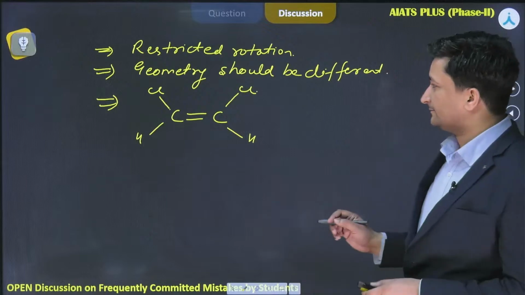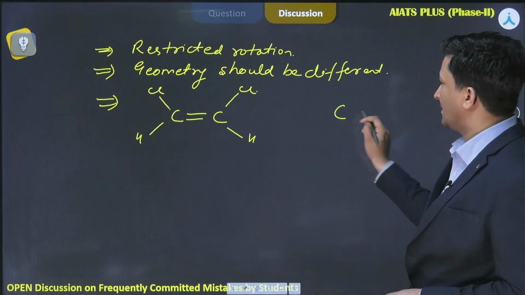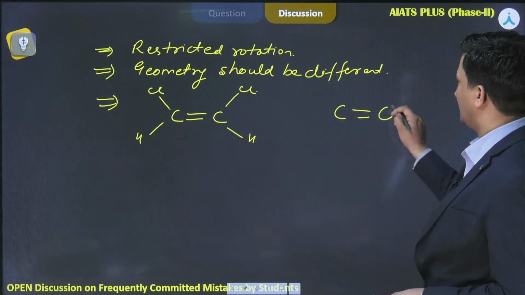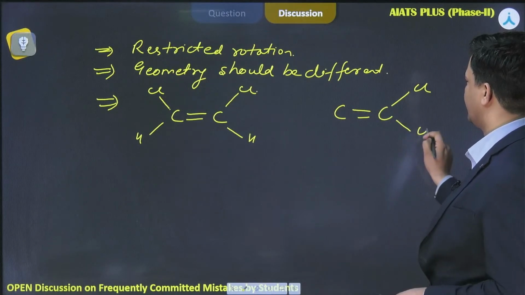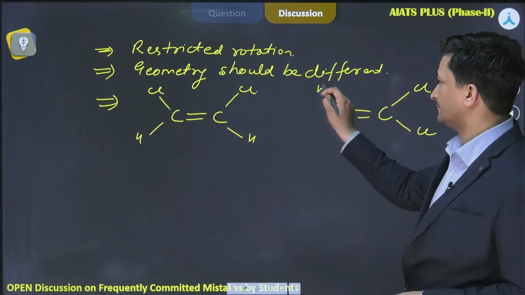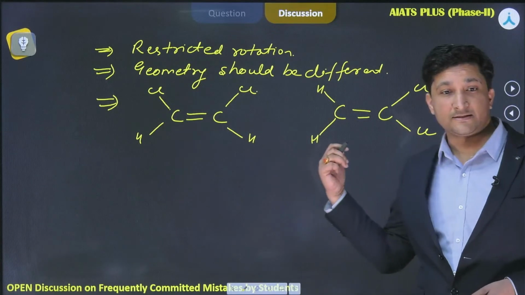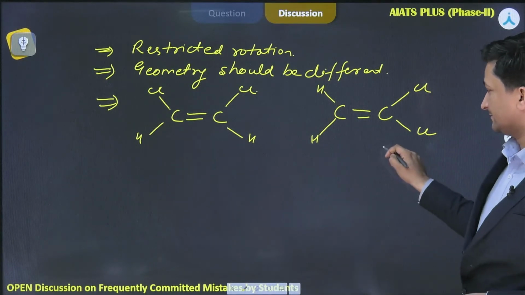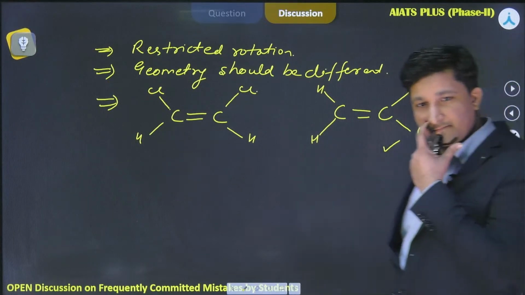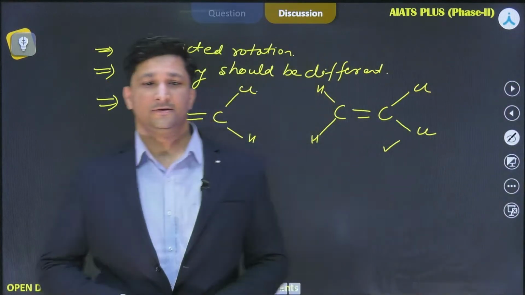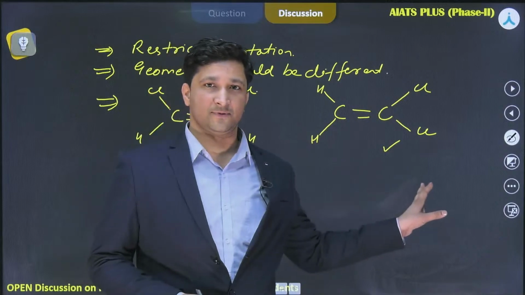But if the molecule is written like this, tell me one thing: will this compound show geometrical isomers? In the comment box, I want to know whether this compound will show geometrical isomerism or not.